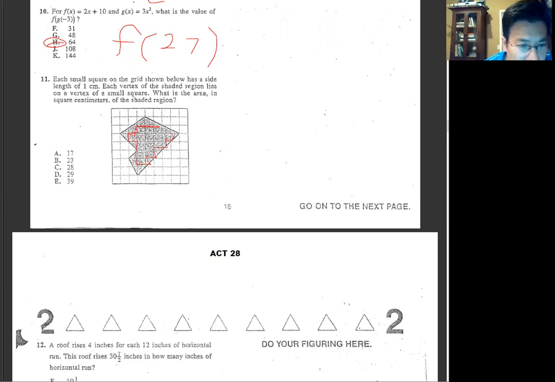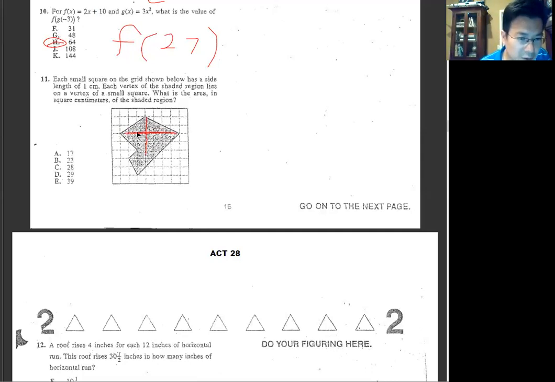This much is like the entire square: 1, 2, 3, 4, 5, 6, 7, 8, 9, 10, 11, 12, 13, 14 covers the entire thing. Then I break it off into triangles. The first triangle is this one.